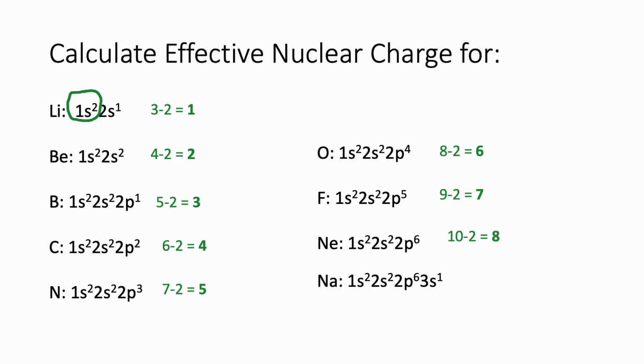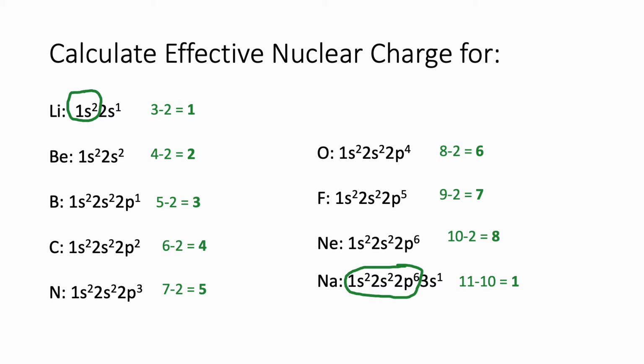Neon, 10 minus 2 electrons is 8. And then we get to sodium, but notice that with sodium, our valence electron is the 3s1 electron. And so all of these here are core electrons, so there's actually 10 of them. So sodium has an atomic number of 11, minus 10 core electrons gives us 1.